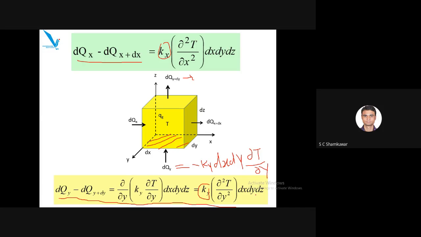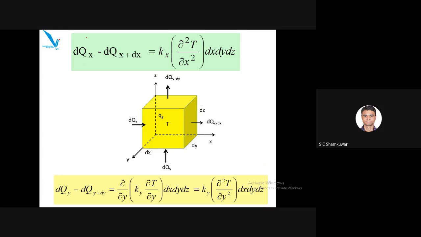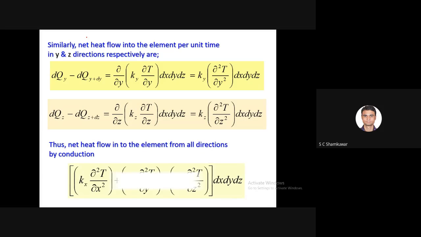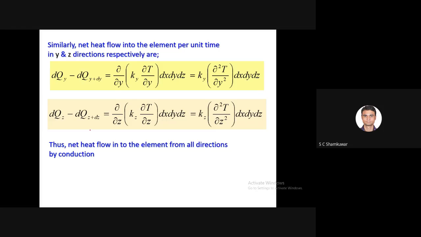Shall I proceed? Then we can also calculate the same now for z direction. dqz minus dqz plus dz.